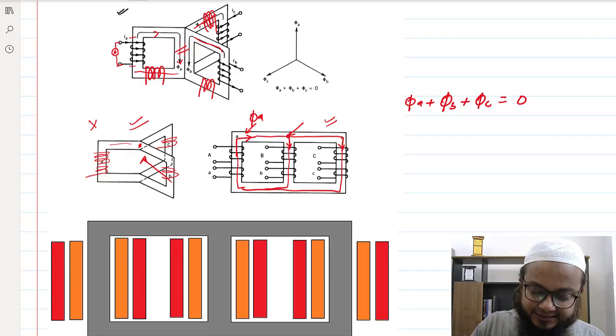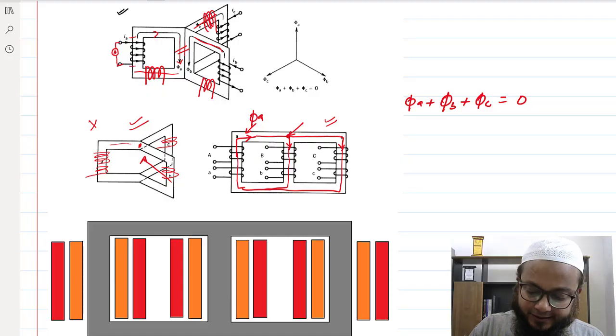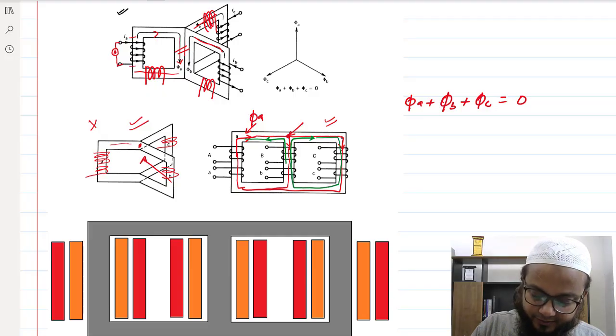But in each limb, if all the phases have been energized, then let's say phase B has been energized and it is producing flux here. So it will get divided here and it will get divided here. Okay. So in this limb, phi A is in this upward direction, phi B would be in this lower direction. Let's say I have assumed the dots here.